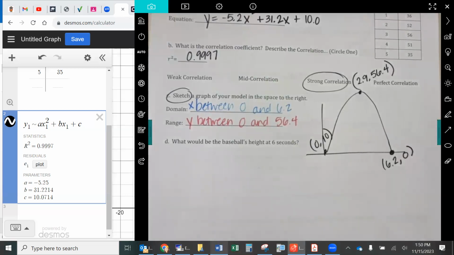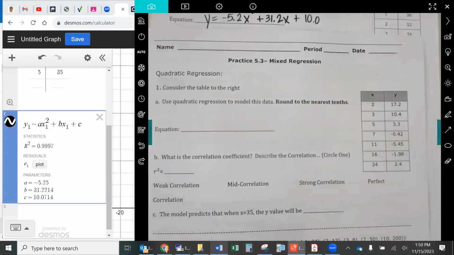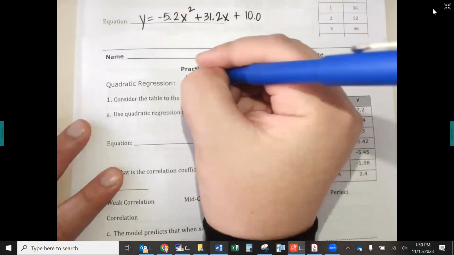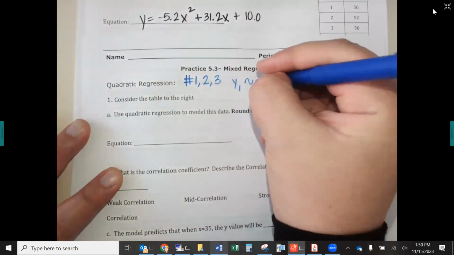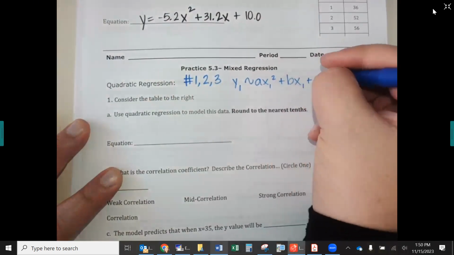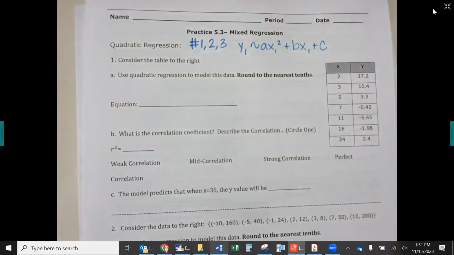That's what we just learned. So I'm going to write at the top of your practice here: for numbers 1, 2, and 3, you're doing this. Write that down, just like on the notes.